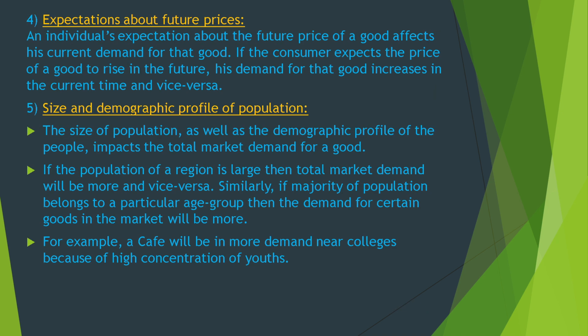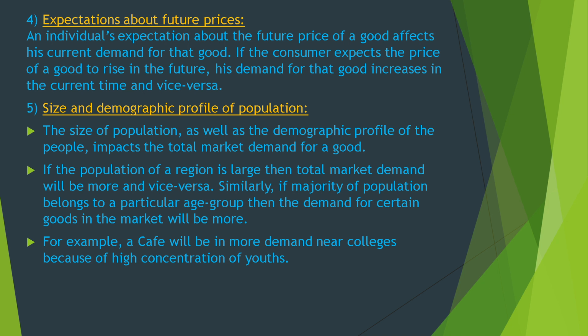Fourth, expectations about future prices. An individual's expectations about the future prices of a good affect his current demand for that good. If the consumer expects the price of a good to rise in the future, his demand for that good increases in the current time and vice versa. Size and demographic profile of population.